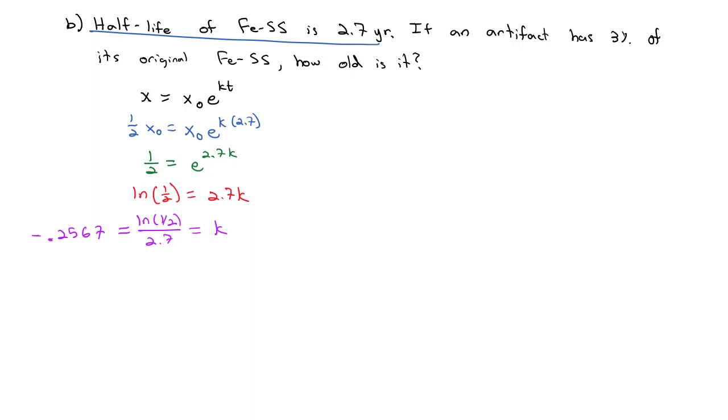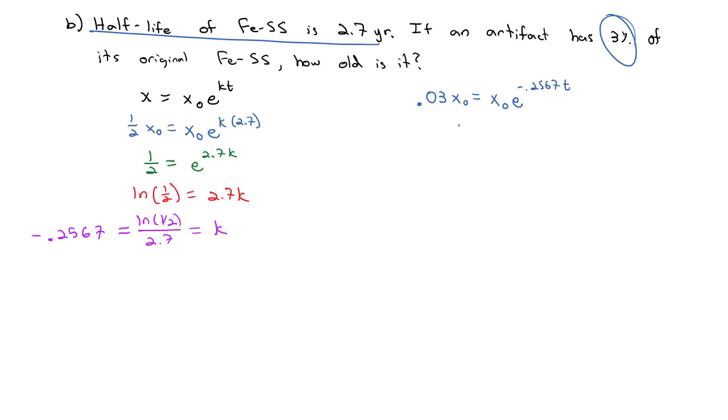We want to know, we only have 3% left. How old is it? Well, if 3% is 0.03 times the initial amount, which we said was x naught, that's going to be equal to the initial amount times e to our constant, negative 0.2567, times time.